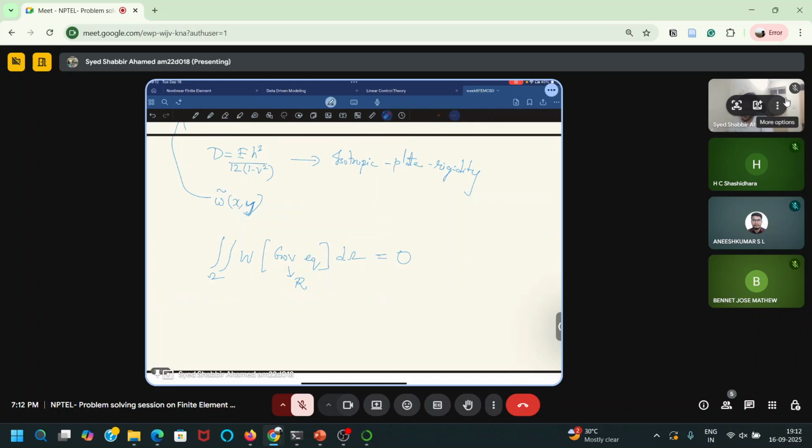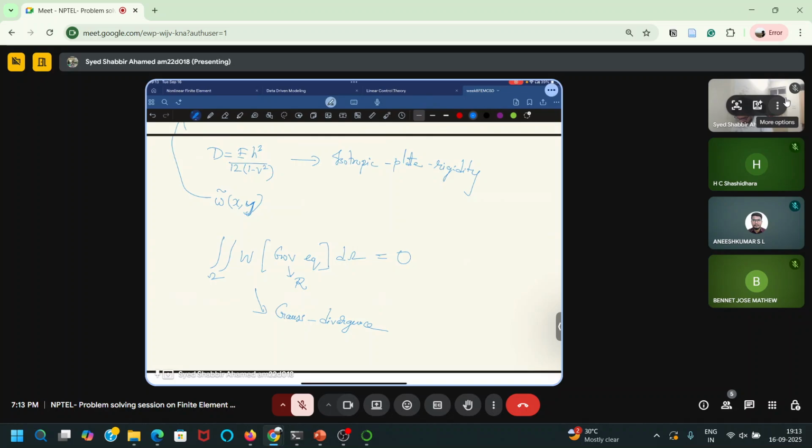So that is what we do. After doing this, we can take the Gauss divergence theorem. We have already seen it in the 2D finite element. We can use the Gauss divergence theorem, which is similar to doing integration by parts in 1D, and do simplifications.